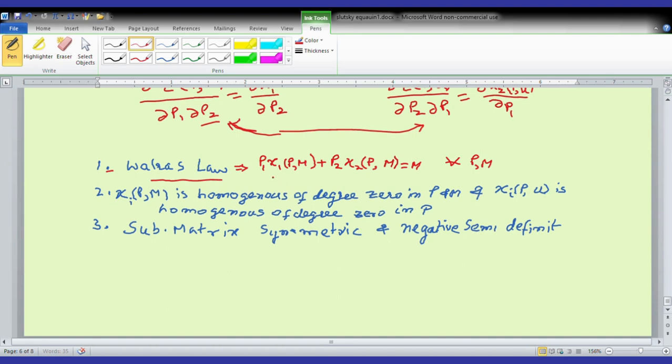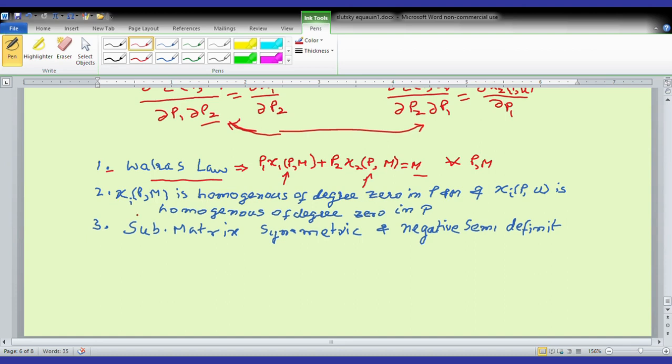And this means that if in the budget constraint we insert the Marshallian demand functions, the left hand side of the budget constraint will be equal to the right hand side. It is like saying that the budget constraint is satisfied at all income and prices. So this is one property of the Marshallian demand functions, that they will be satisfying the budget constraint at all income and prices.